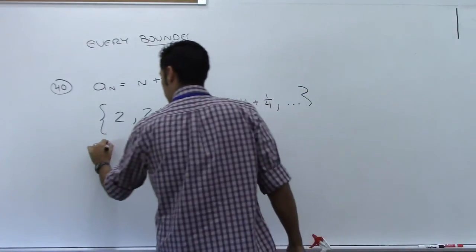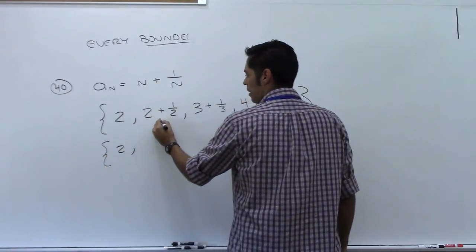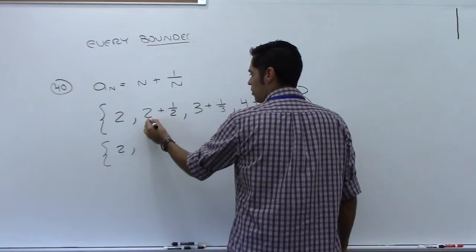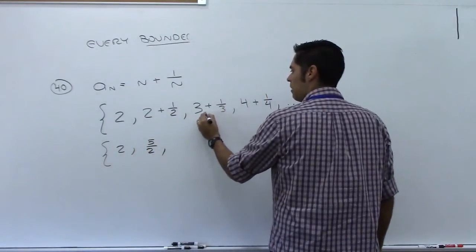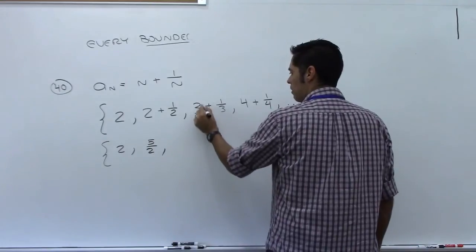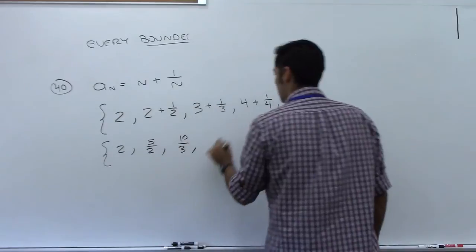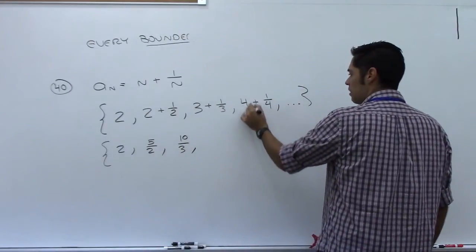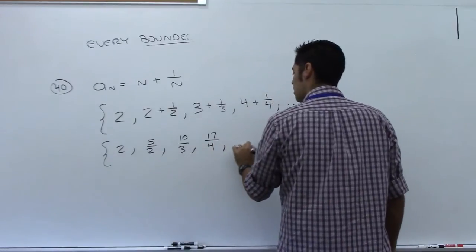This is really 2, and then if we get a common denominator here, we'll have 4 over 2 plus 1 over 2, it's 5 over 2. Here, if I get a common denominator, I get 9 over 3 plus 1, that's 10 over 3. Here, for 4, we get a common denominator, 16 plus 1, 17 over 4, and so on and so forth.